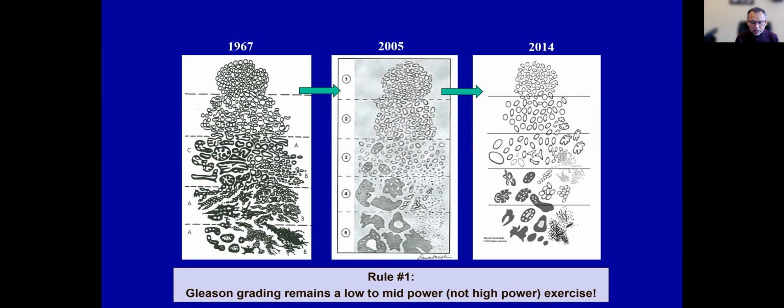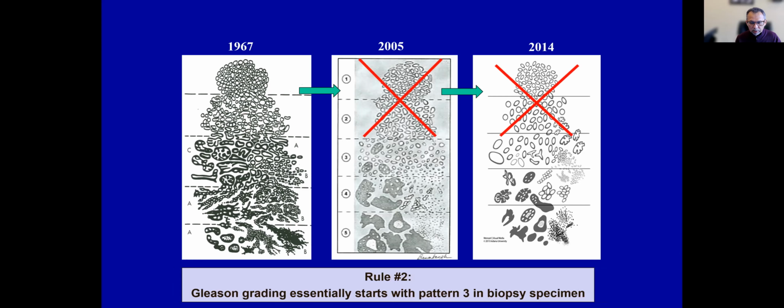If you start with higher magnification analysis, then likely you are going to overgrade the prostate cancer. So stay away from 40x to determine the grade of your cancer. Only rarely would you go to high power, to determine whether you are truly dealing with fusion or not.